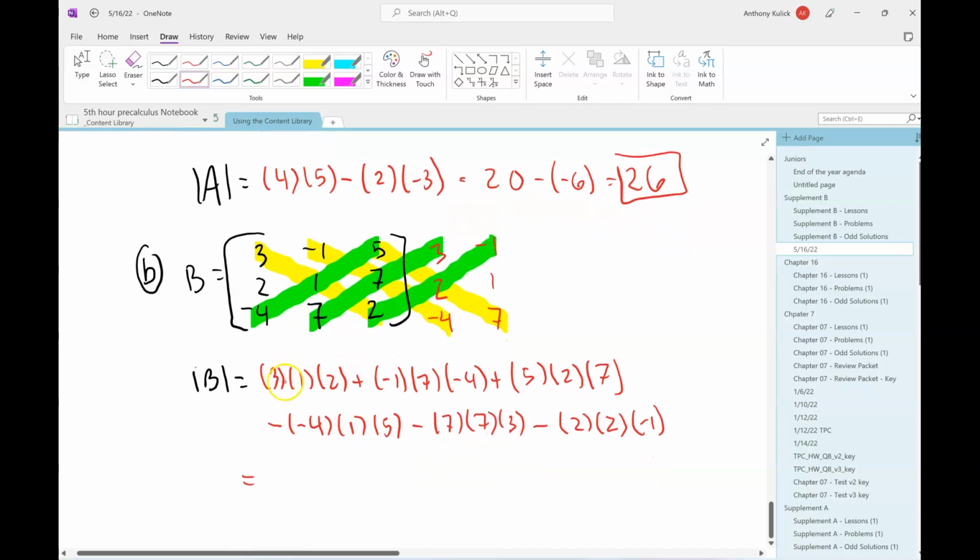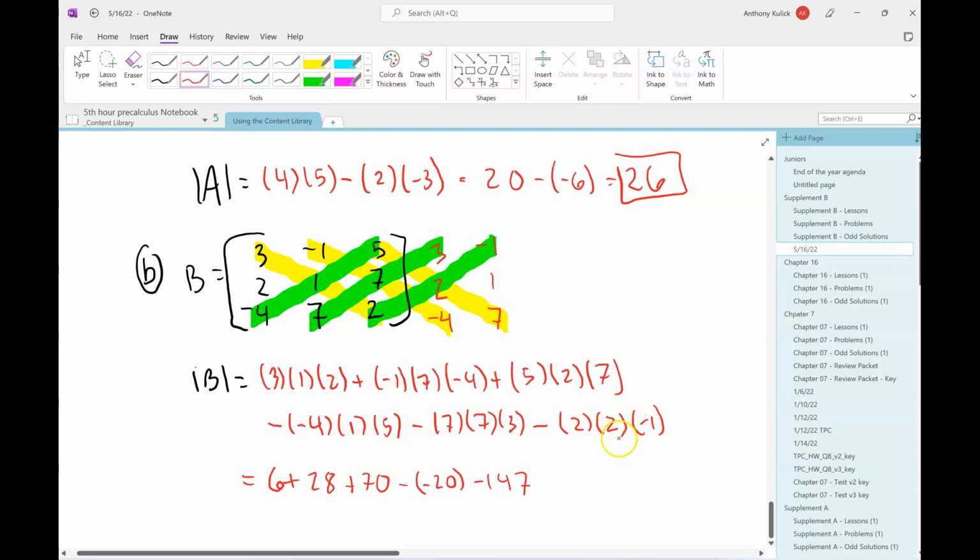Okay, so 3 times 1 times 2 is 6. Negative 1 times 7 times negative 4 is 28. 5 times 2 times 7 is 70. Negative 4 times 1 times 5 is negative 20. 7 times 7 times 3 is 147.